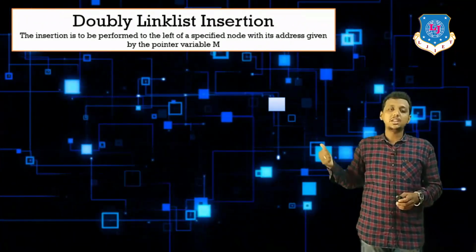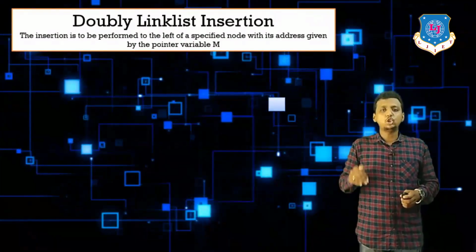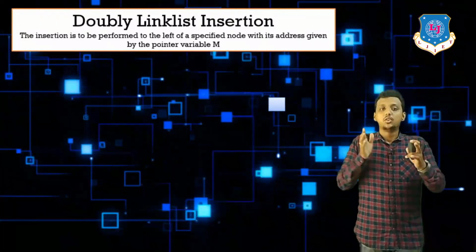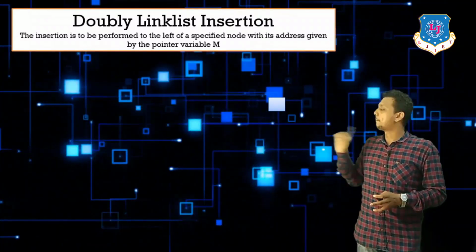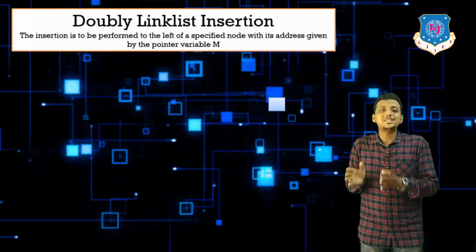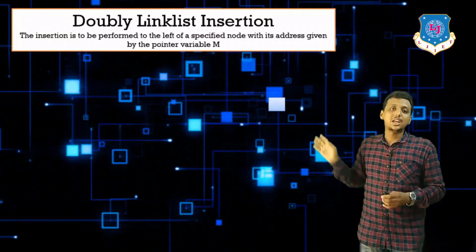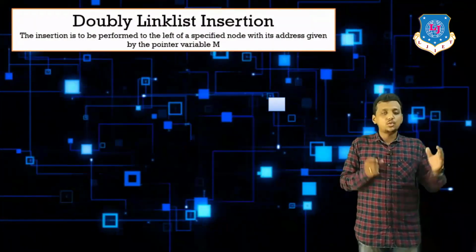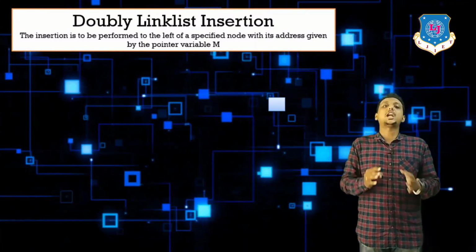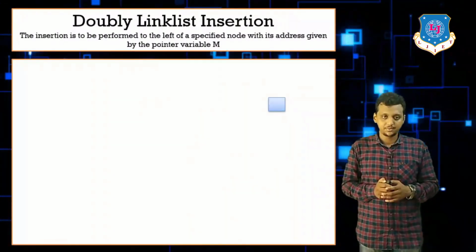So this algorithm is specially designed for insertion in a doubly linked list, where we are going to insert a new node on the left side of a node whose address is M. It is written over there, you can also read it. We do not think much, we just need to insert a node on the left side of a node whose address is M. So let's start with the steps.